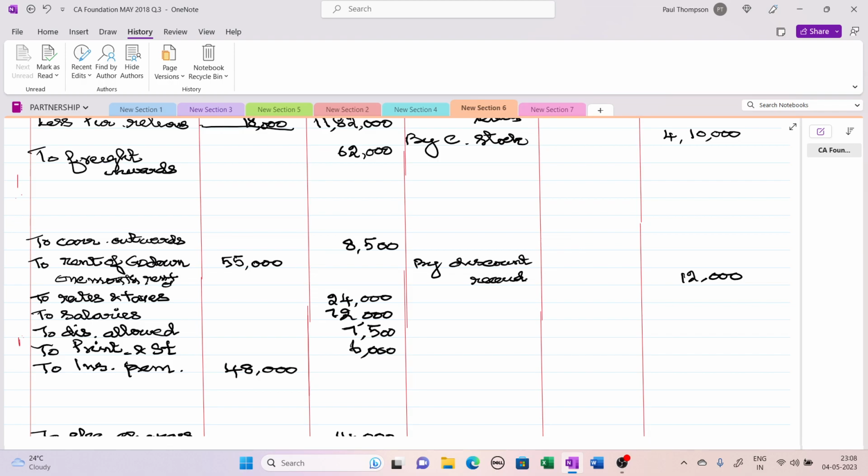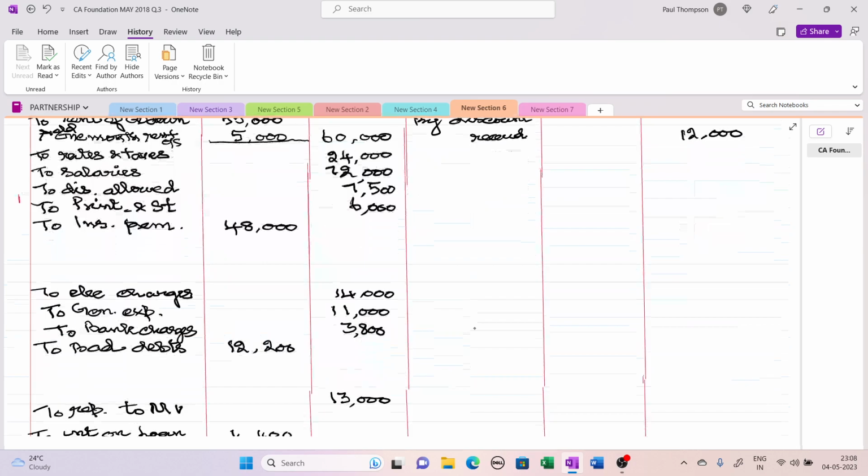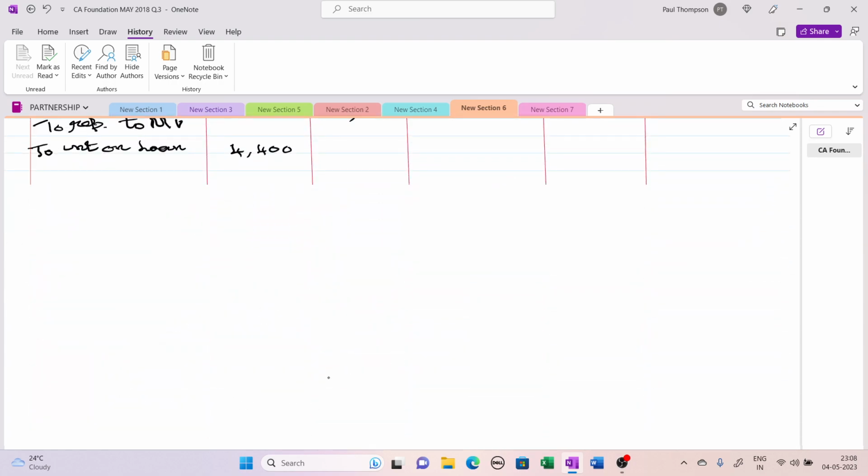So we have to add this 1 month rent outstanding, that is 5,000. So in the outer column it will appear as 60,000. The moment you write here, it is an expenditure payable. So it is a liability. We must go to our balance sheet, liability.